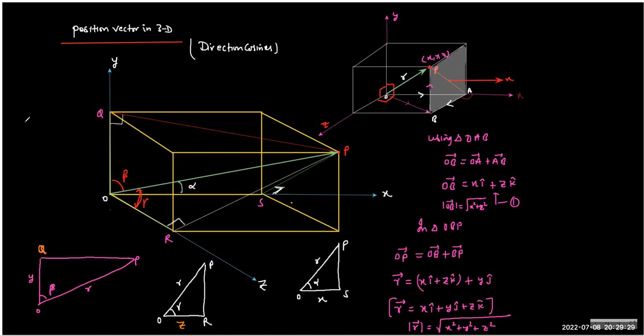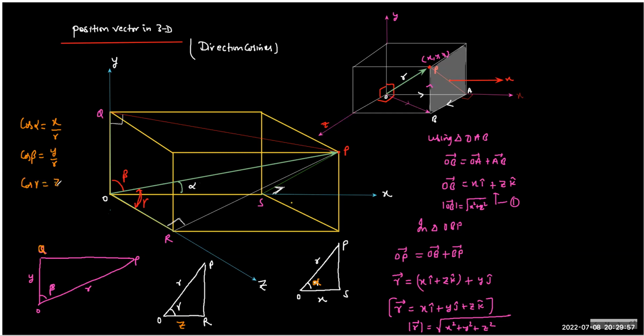So what is cos alpha? X upon R. What is cos beta? Y upon R. What is cos gamma?